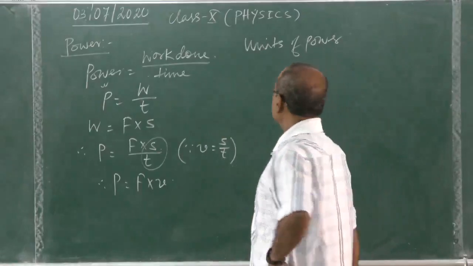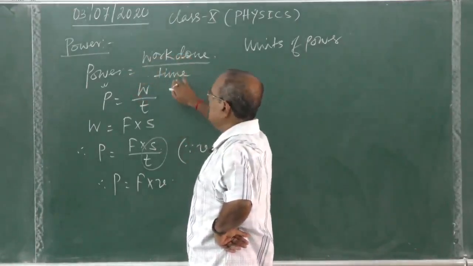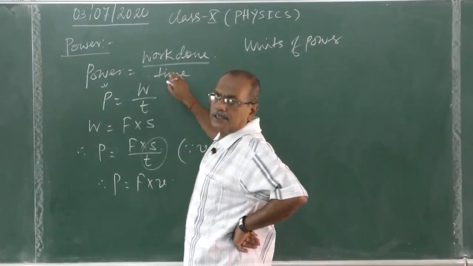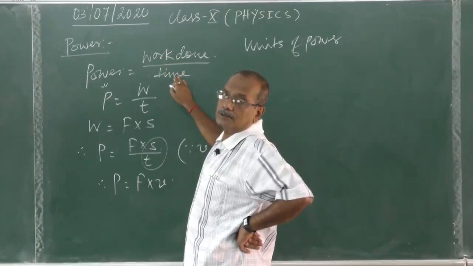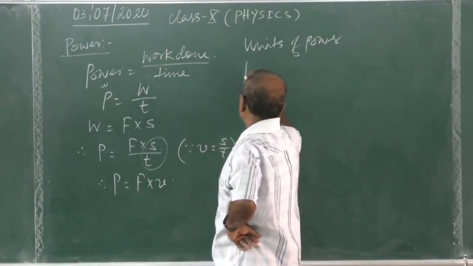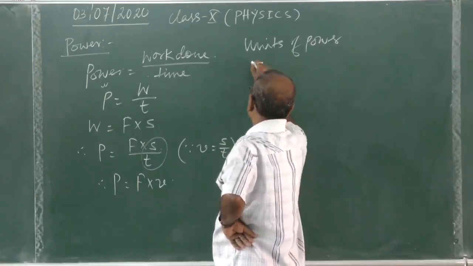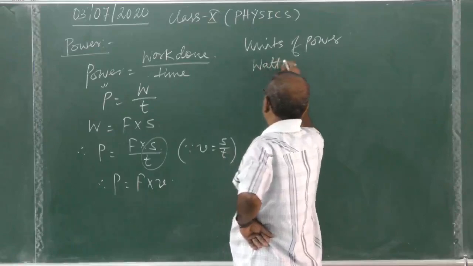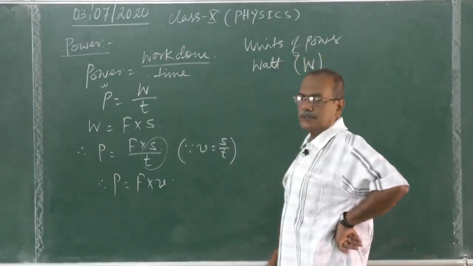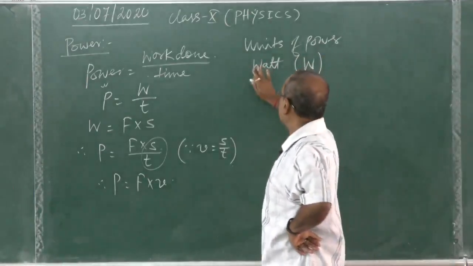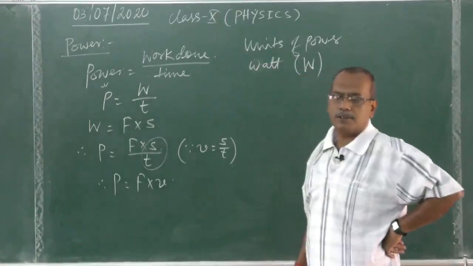Then unit of power is joule per second and in SI unit it is known as watt, denoted by capital W. When you write it in full form, small w-a-t-t, watt.